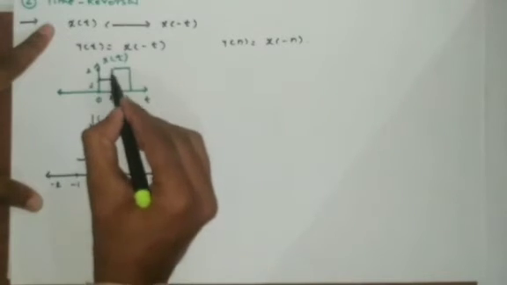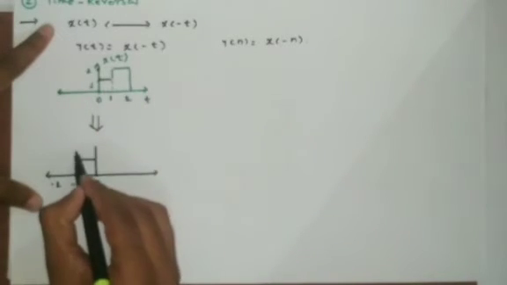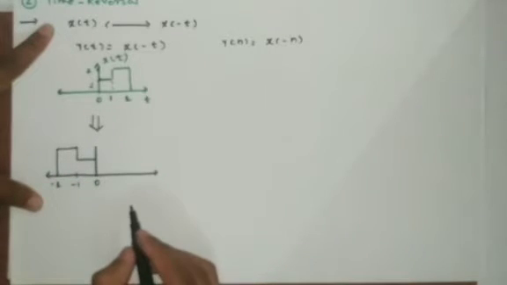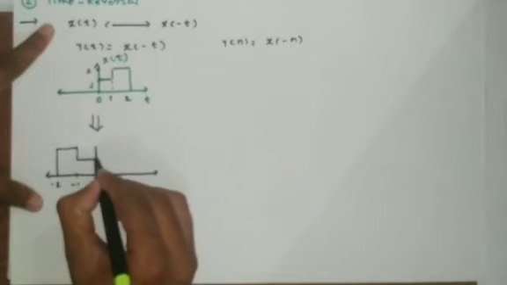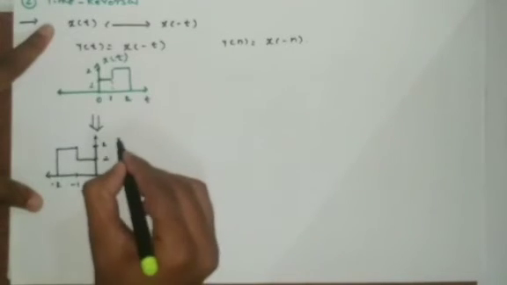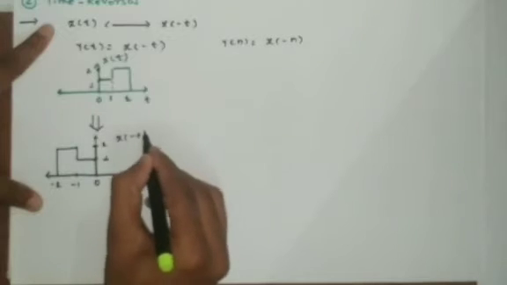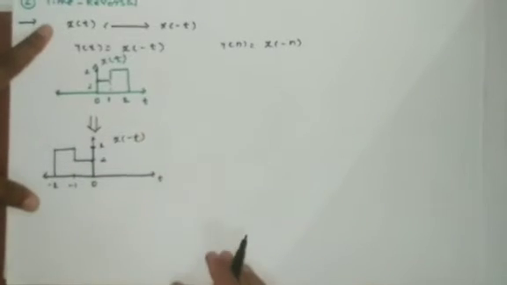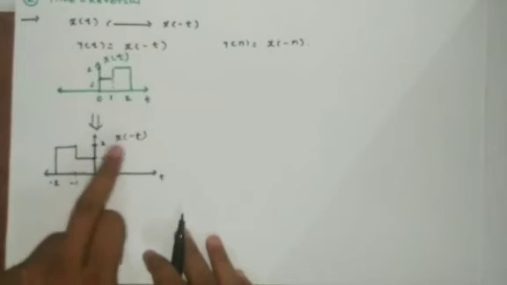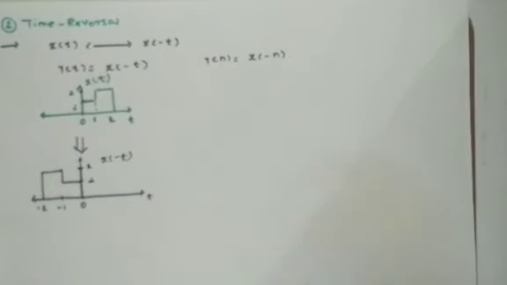In this range, we have an amplitude 2, so here it will rise and it remains 2 until it reaches minus 2. And this is 2, this is 1, this will be our x of minus t, this is t. That means folding the input signal about t is equal to 0, we will get the time reversed function.